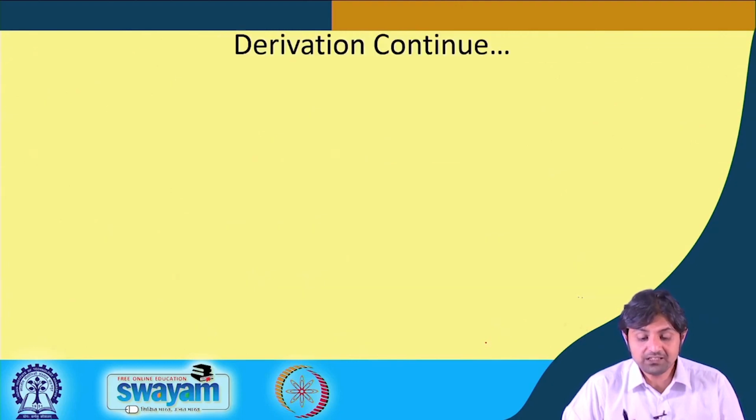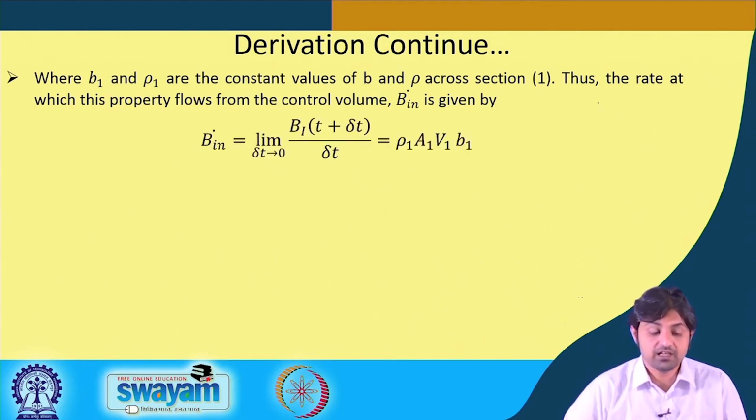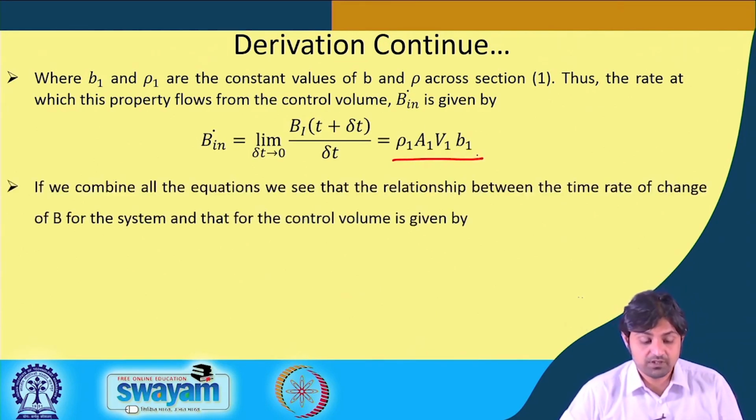Now putting this all together, where B1 and rho 1 are the constant values of B and rho across section 1, the rate at which the property flows in is given by rho 1 A1 V1 B1.